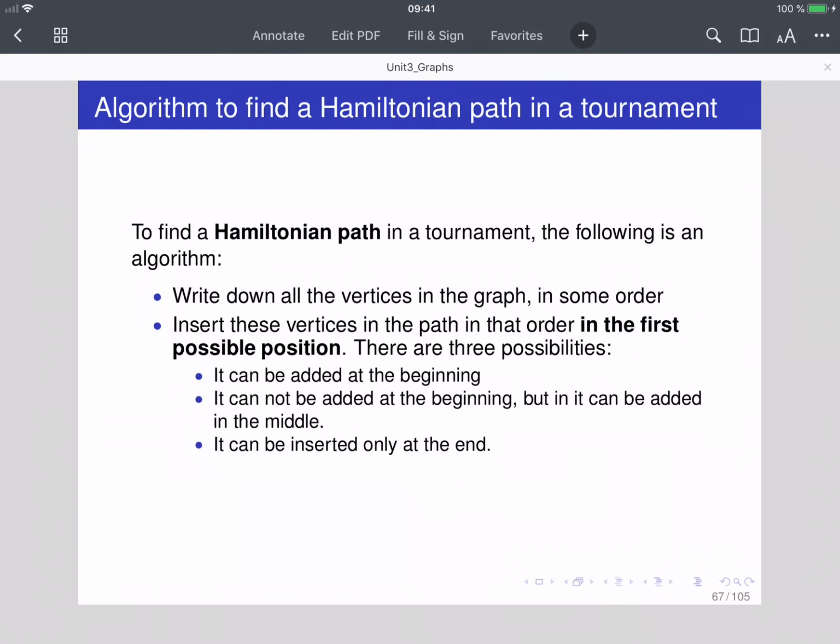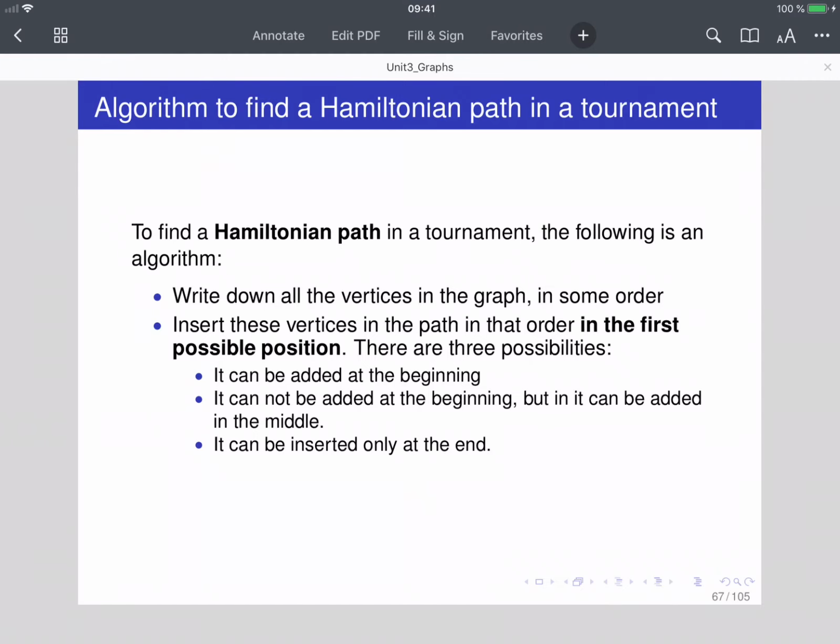So it doesn't matter which order of the vertices we choose here, we will always succeed. Maybe we find a different Hamiltonian path, but we will always succeed. So we choose an order. If we have 4 vertices, then we can choose, for instance, 1, 2, 3, 4, or 4, 3, 2, 1, or 1, 3, 2, 4, whatever we want.